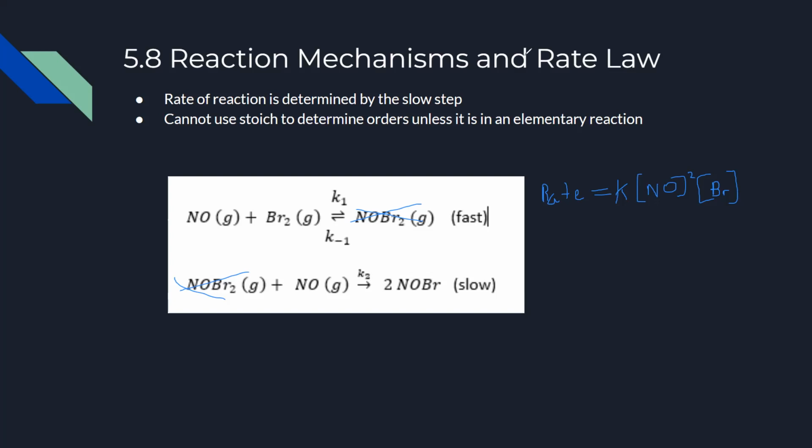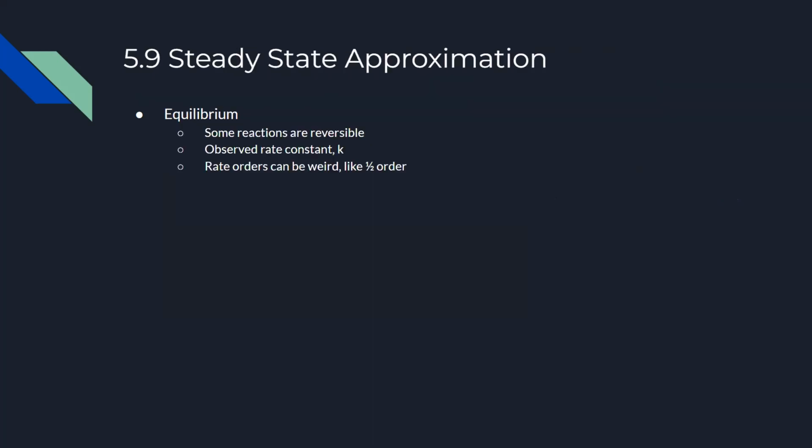So let's go on to 5.9, steady state approximation. For this one, it basically talks about equilibrium, which also comes up later.